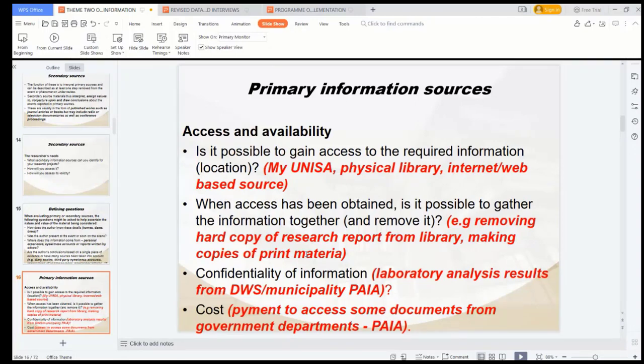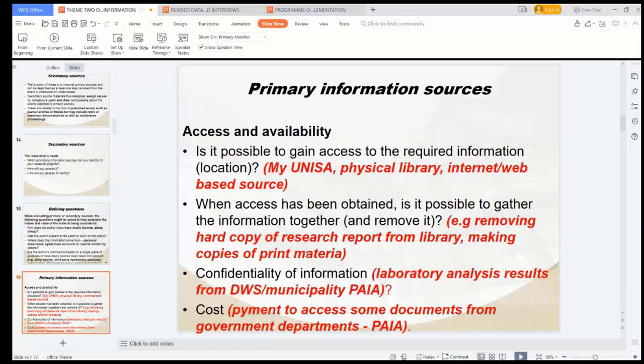Sometimes, in the past, research reports were only available in hard copies. But these days, I noted that some universities even keep electronic copies. I don't know if these are accessible, but electronic copies of research reports are there. But in the past, these were just hard copies. Therefore, you could not take it out, because in the library there's only 1 or 2 copies. So if you take it away, other people would not be able to have access to it.